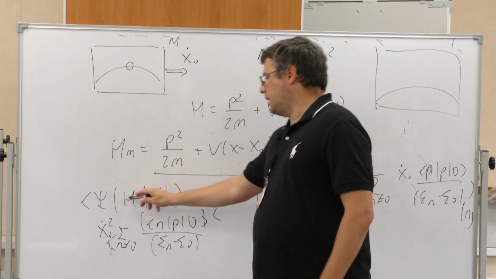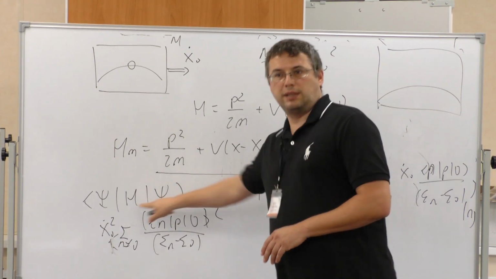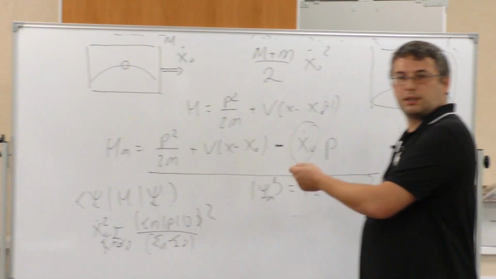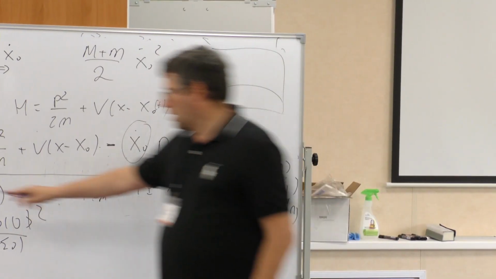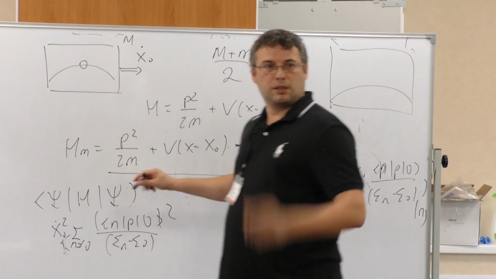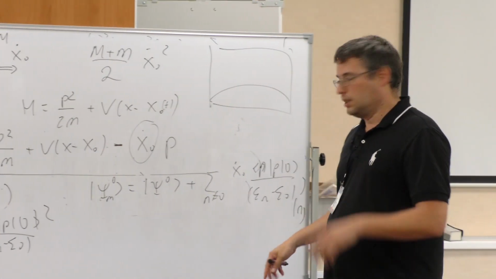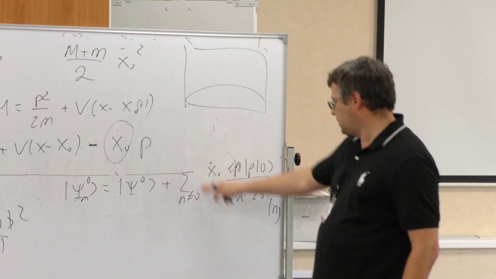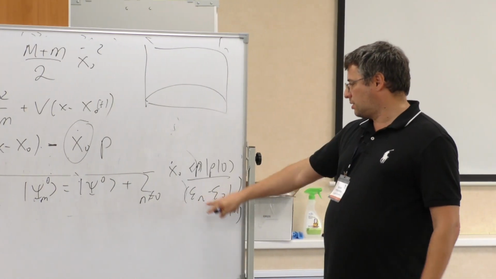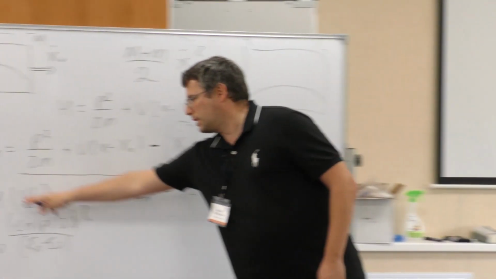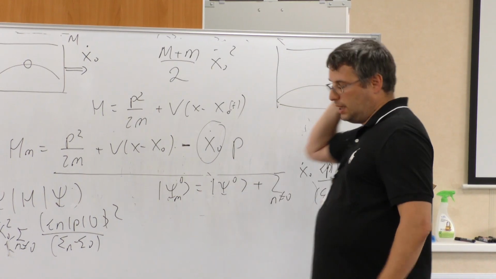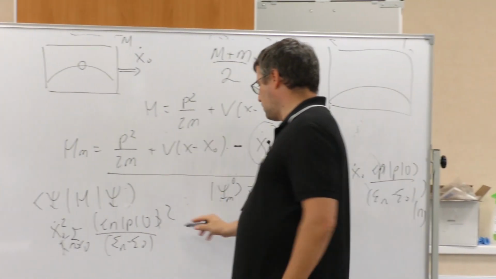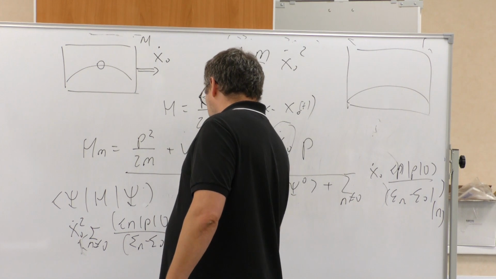I will get psi 1 h psi 0 is 0, because H acting on psi0 is a constant, and psi1 is orthogonal to psi0. So I'll get psi1 H psi1 and psi2 H psi0. Psi1 H psi1 will give me a square of this guy. I'll get energy denominator squared, but because I compute energy, one goes away. I know I'm too fast, but just trust me, I want to finish before the chairs kill me.